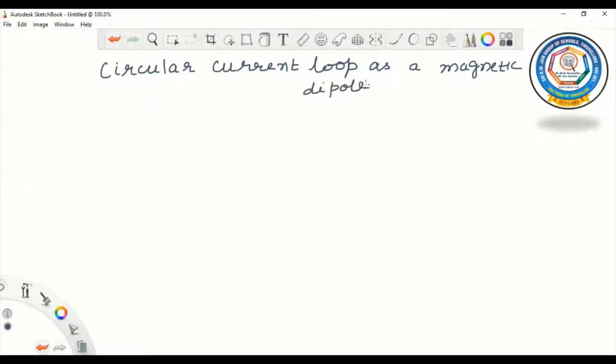So now let us consider the elementary magnetic element, that is the current loop. At large distances, the magnetic field due to current in a circular current loop is similar in behavior to the electric field of an electric dipole. In the previous topics, we studied the magnetic field on the axis of a circular loop.